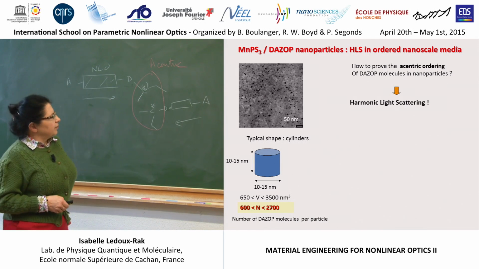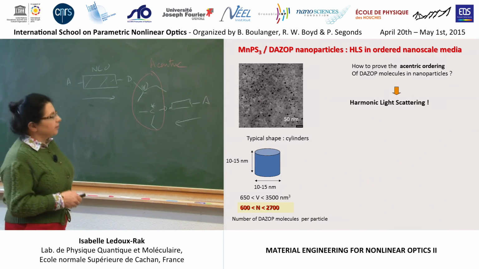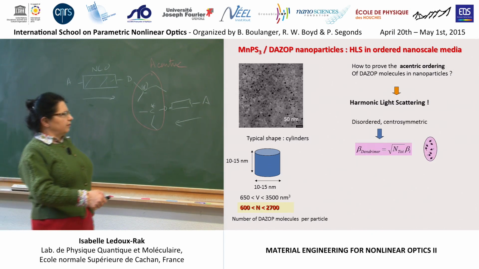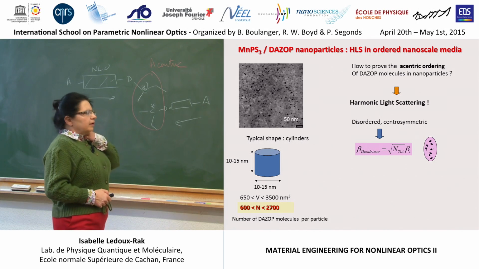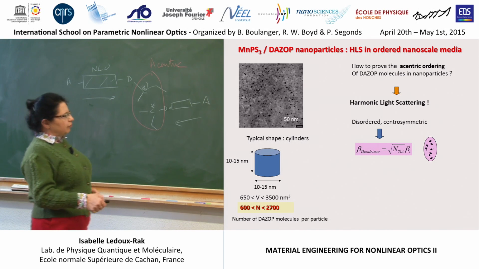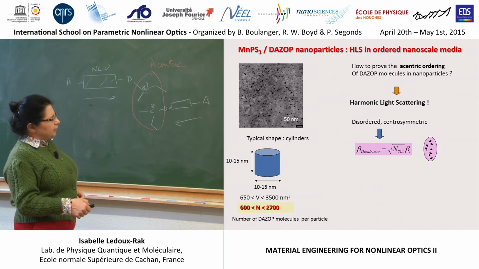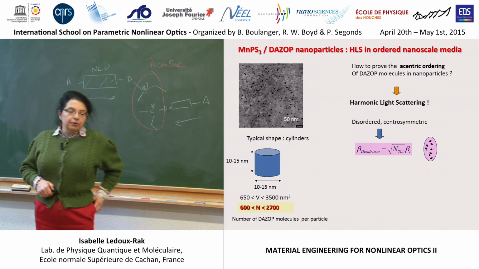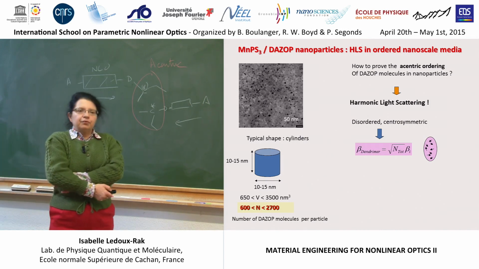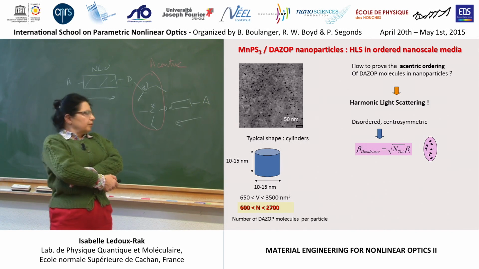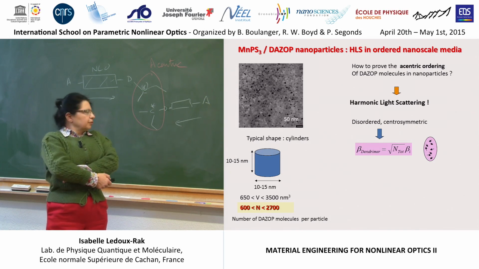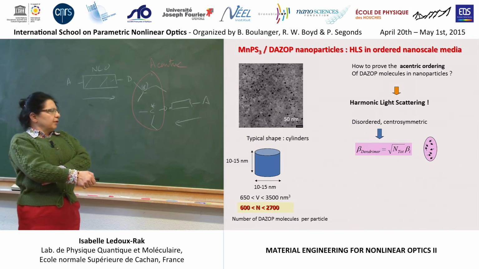So how to prove the acentric ordering of these individual molecules in particles? By making harmonic light scattering. Because we can show that in disordered centrosymmetric systems, the beta of the particle will be proportional to the square root of the total number of active molecules. Because, in fact, you have seen this morning that the harmonic intensity of a disordered set of molecules in solution is proportional to the number of molecules, the concentration of molecules, and the square of beta.